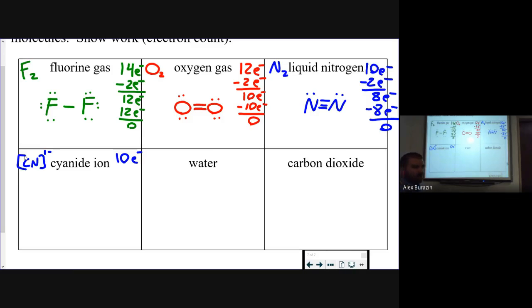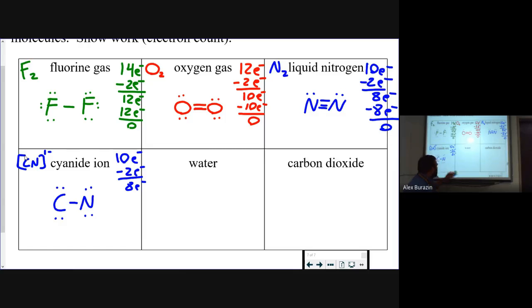I need to have at least 1 bond between them. I'll start there. I've got 8 left to go, and I could go like that. But if you're paying attention, I have a hunch you've already caught on to what needs to be done. This was the same total electrons that we had with the nitrogen example just 2 seconds ago. We're going to end up with the exact same structure.